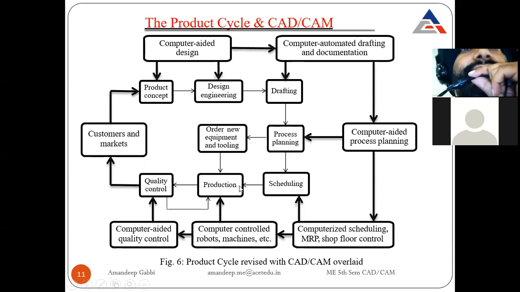Then actual production. Once the production is started, you will use computer controlled robots, machines, etc. For production, you can use robotic welding arms and computerized conveyor belts and all that. That will help in production. Then quality control. You can use computers for dimensional analysis.